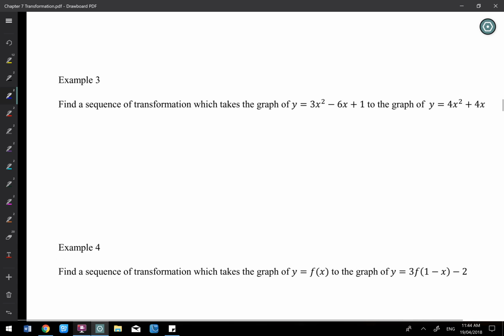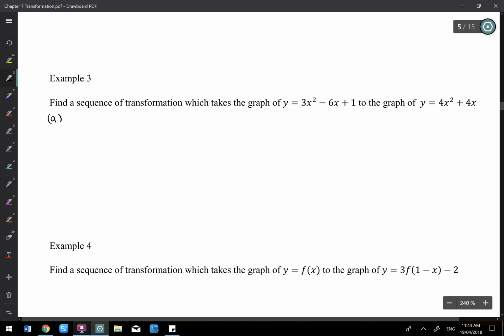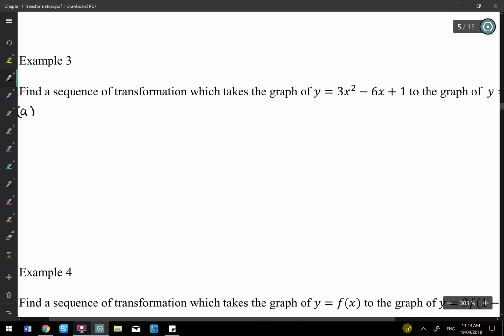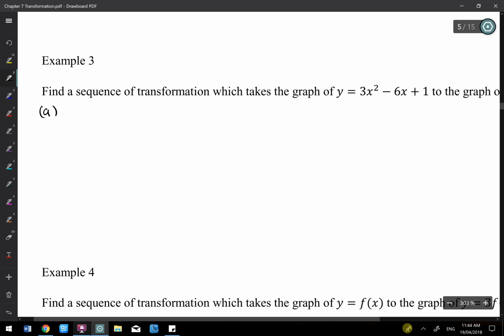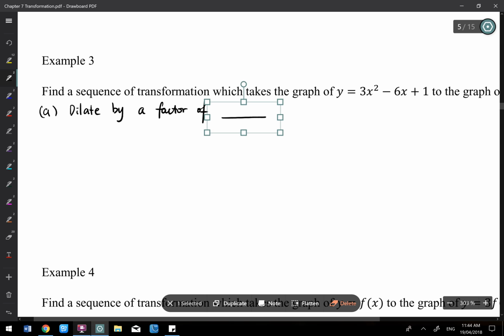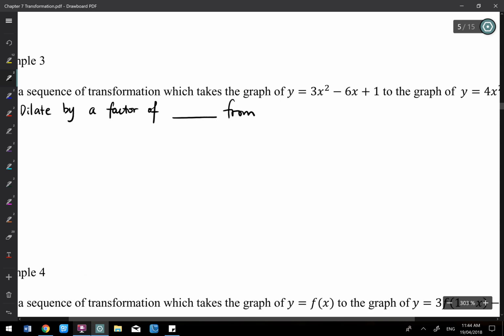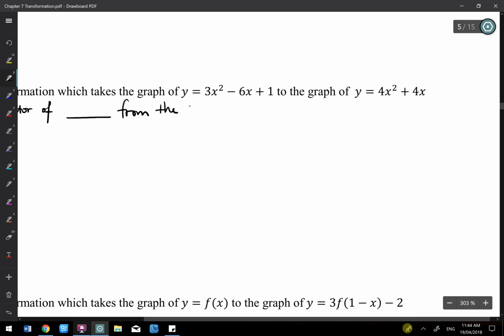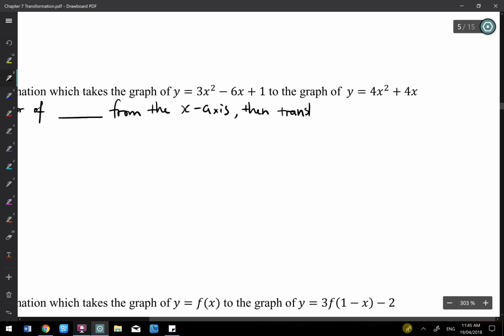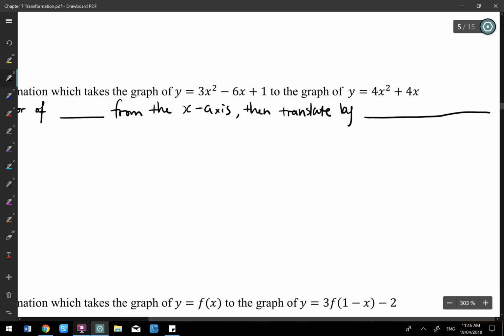For example 3, again, I want part A and part B. Part A is dilate by a factor of what, from the x-axis, then translate by, like, you talk about the translation after that.